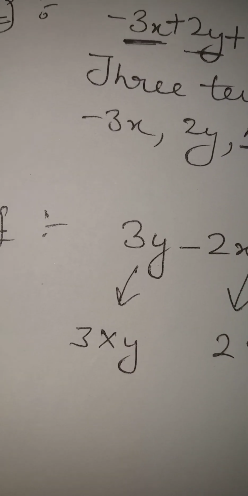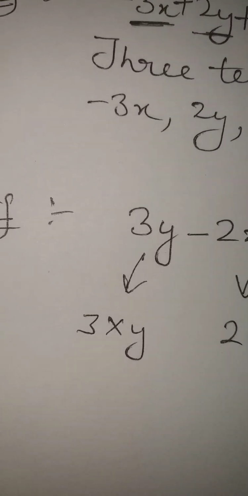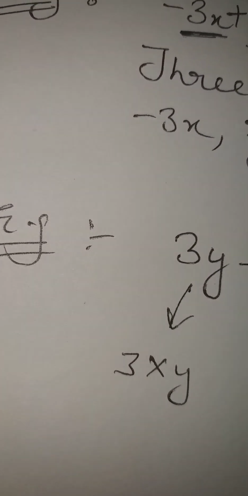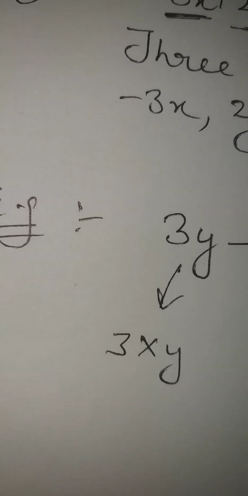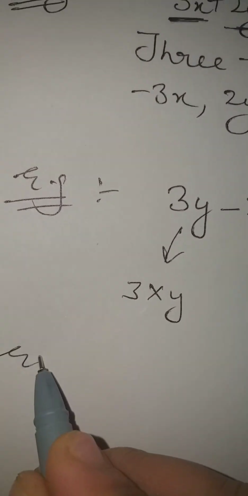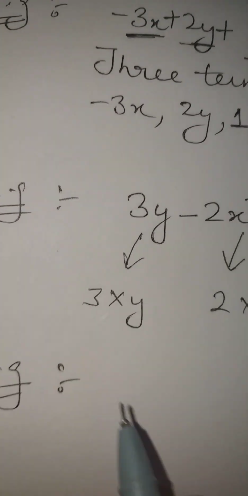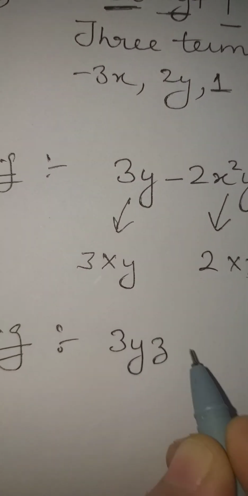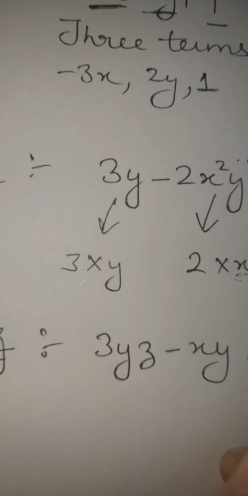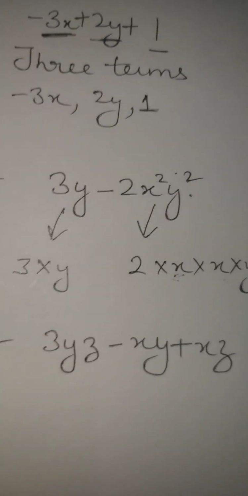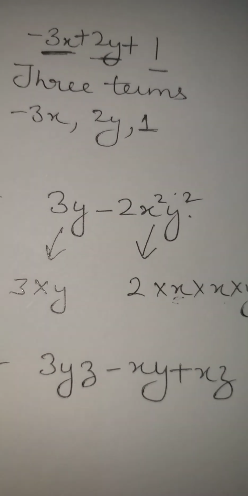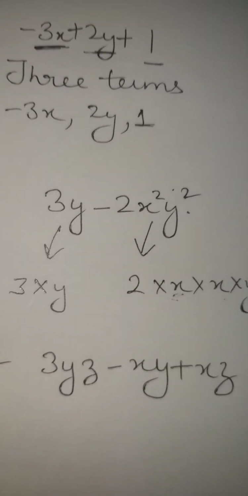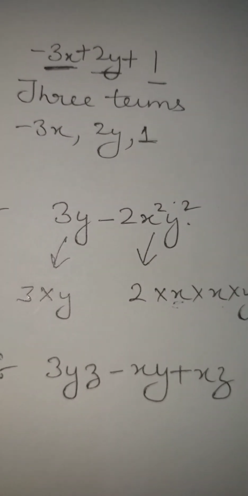Now next we have to identify the numerical coefficients. If we have to identify the coefficient of y in this expression, what will we do? We have 3yz minus xy plus xz as our terms. So we have to identify the coefficients of y in this expression.